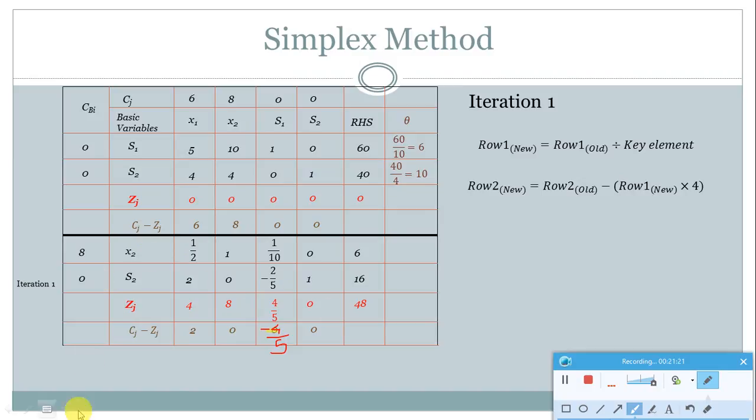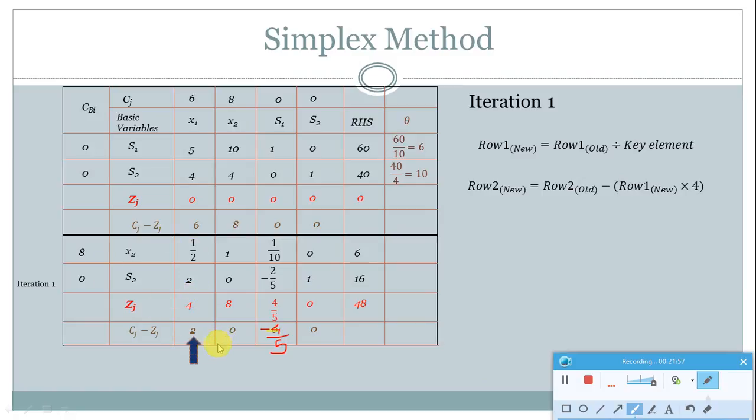Again, the variable which is entering into the basis and the variable which is leaving the basis need to be determined by performing the same procedure that we did in the previous iteration. The maximum positive value of Cj minus Zj is selected. This value is 2.